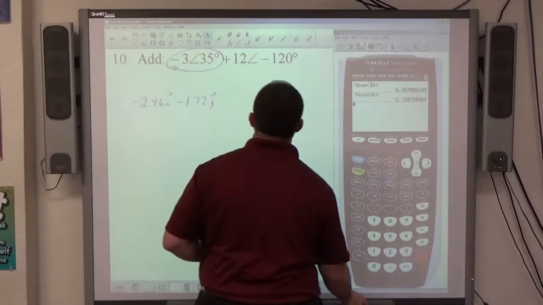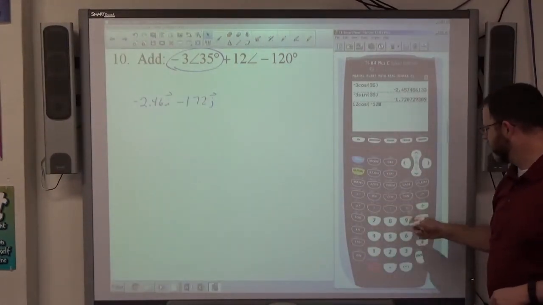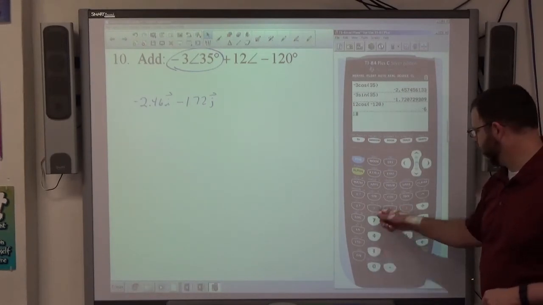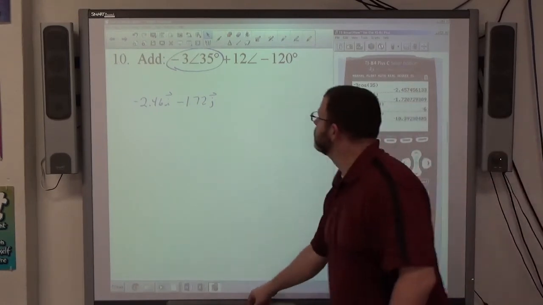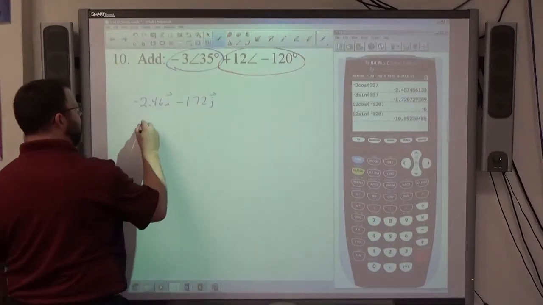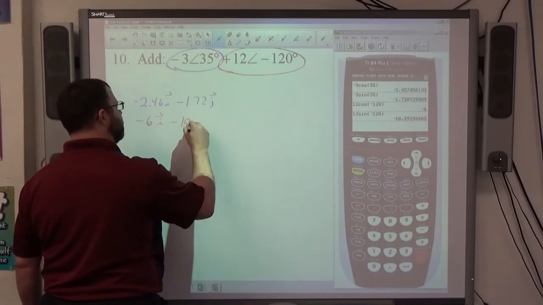The second vector, I type in 12 cosine negative 120 and 12 sine of negative 120. And that comes out to, circle this one in red, I'm getting a negative 6i and a negative 10.39j.